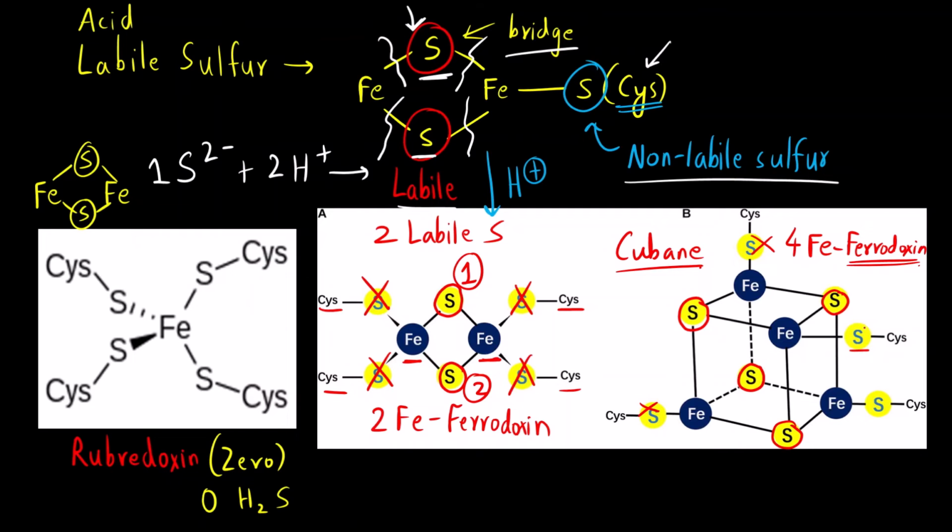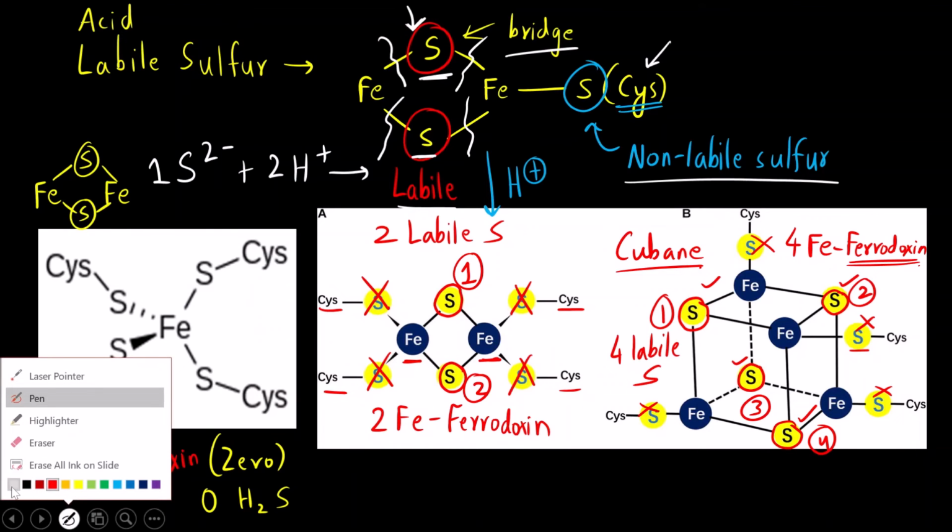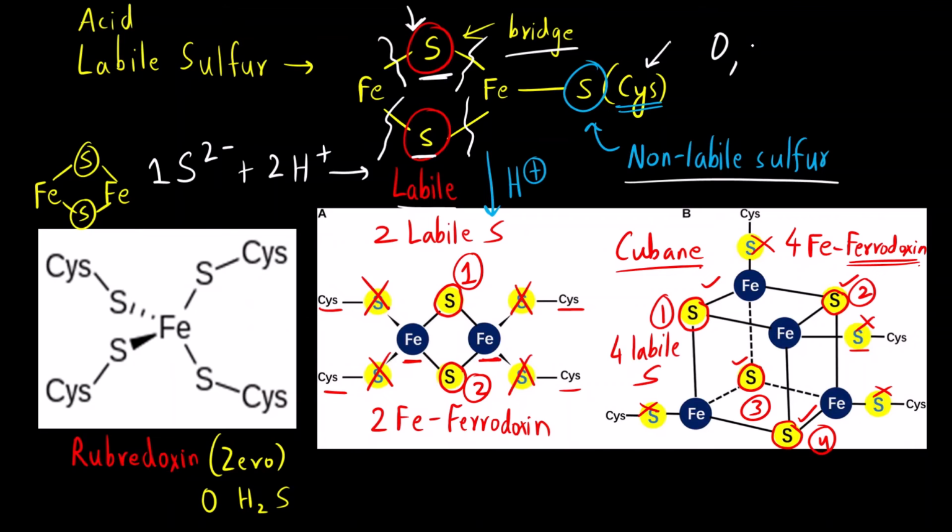So how many labile sulfurs? 1, 2, 3 and 4. So 4 labile sulfurs here. So what is the correct answer? In Rubredoxin it is 0, in 2-Iron-Ferredoxin it is 2, and in 4-Iron-Ferredoxin it is 4.